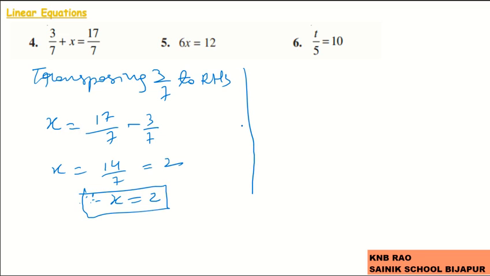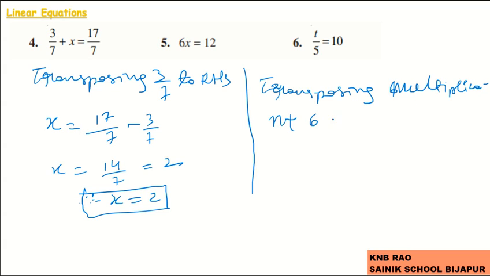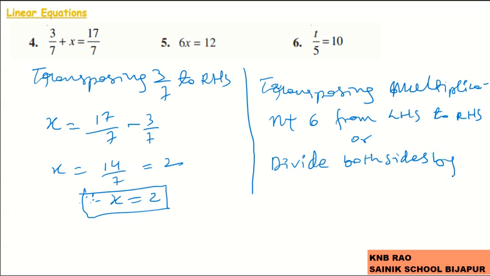Then coming to the question number 5, here 6 is multiplicand. If it comes to RHS, you can say transposing multiplicand 6 from LHS to RHS, or we can say divide both sides by 6.